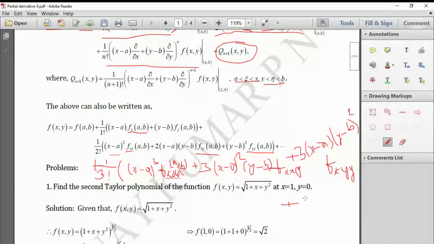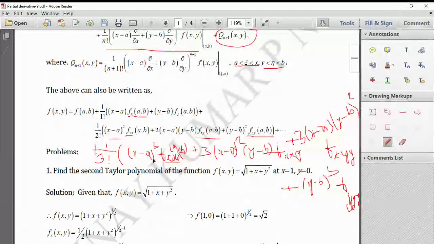So the power of (y minus b) increases for the next terms: initially (y minus b) to the power 0 is 1, then (y minus b) to the power 1, (y minus b) whole square, now it is (y minus b) whole cube into, first you started with fxxx, then fxxy, fxyy, now remaining is fyyy, all three y's. So go on, proceed like this. You'll get the derivatives, right?